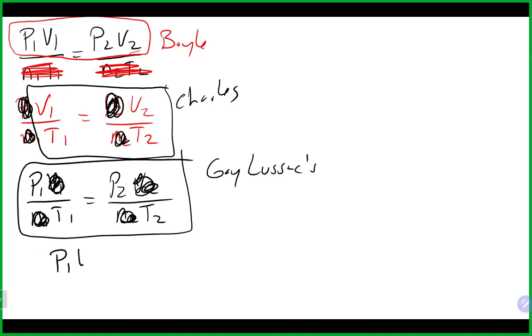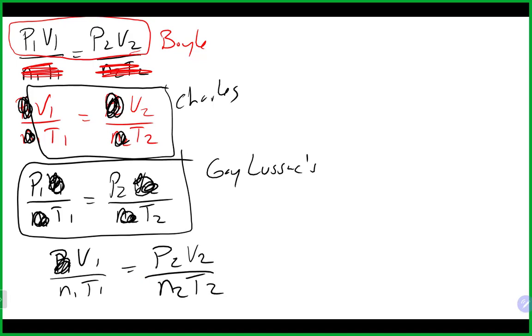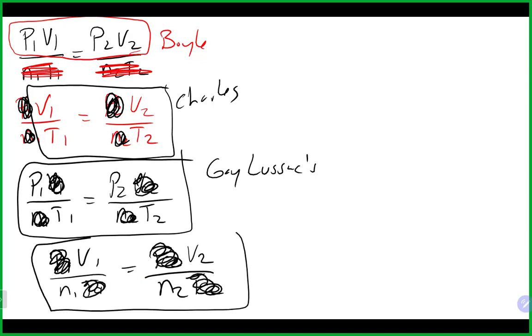If you come across a question where the pressure and the temperature are held constant, you scratch out the pressure and the temperature, and there is our friend Avogadro's law.